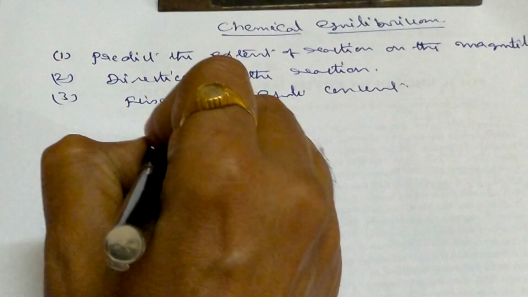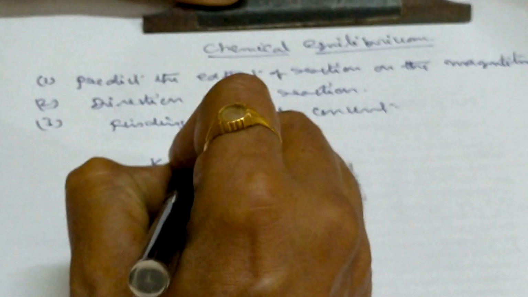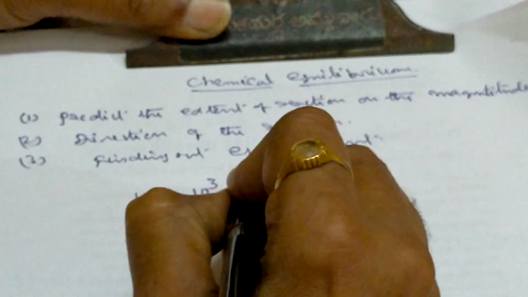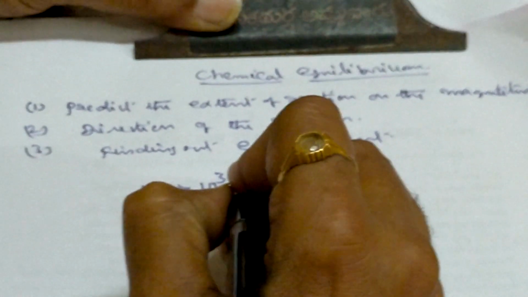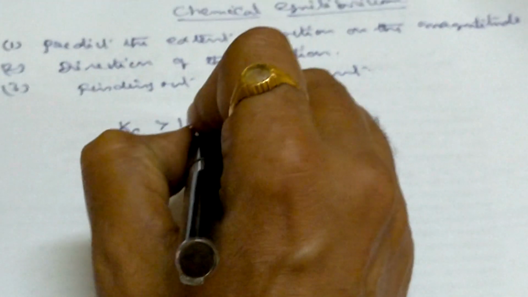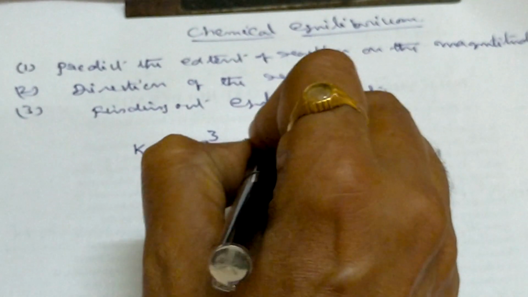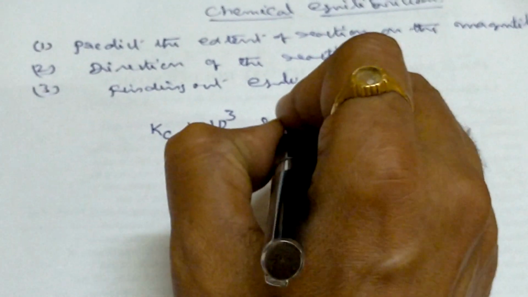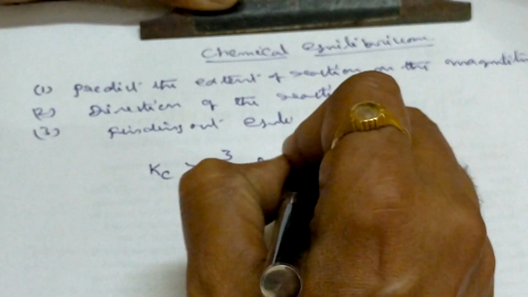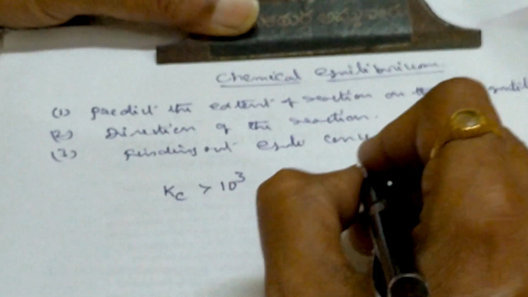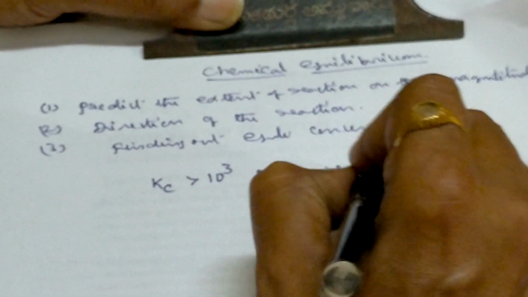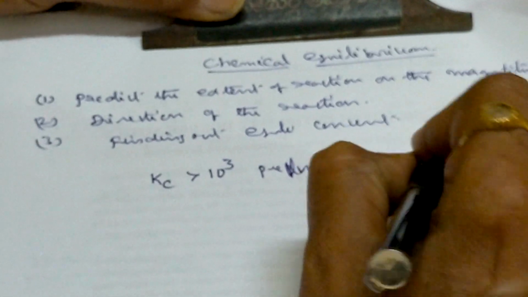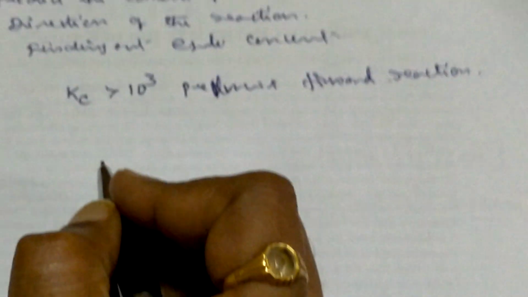Now suppose Kc, the equilibrium constant, is more than 10 to the power of 3. Then the forward reaction is predominant. That means it will proceed to the products.